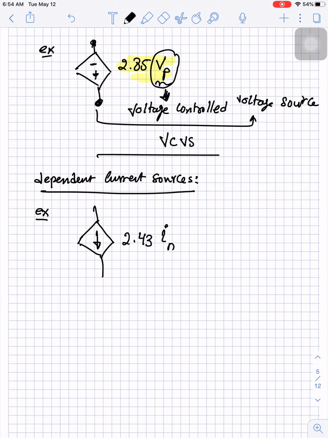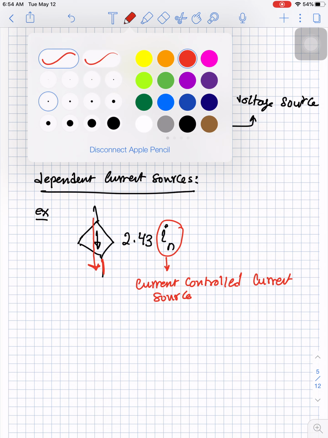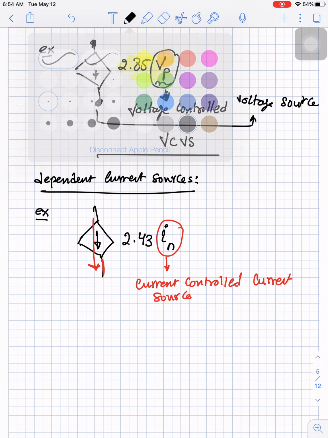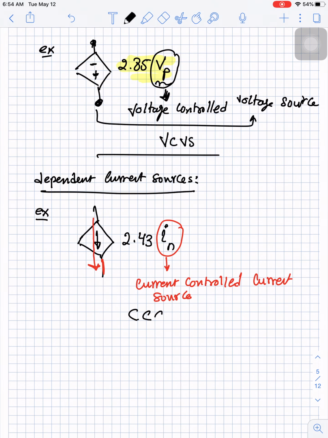So the value of the current of this source is 2.43 IN, and the current coming from this current source is going in this direction. So the control variable here is current, so this source is a current controlled current source. So the element itself is a current source, and it is controlled by current, or we give it the symbol CCCS.